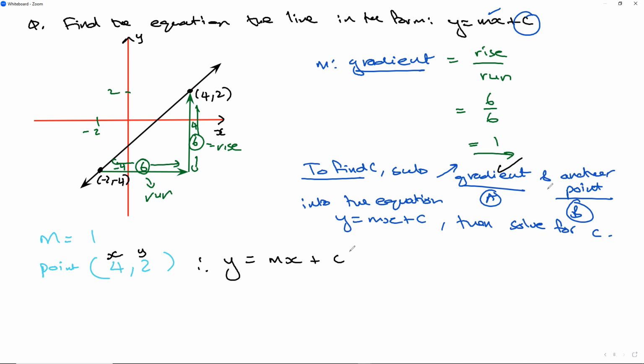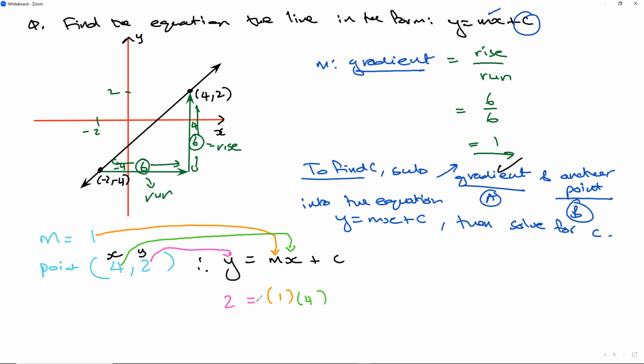Now watch carefully how these points go in here. The m value will go there. Use a bracket. The x value, you can see, is going to go there. Let's use a bracket again. And the y value goes there.